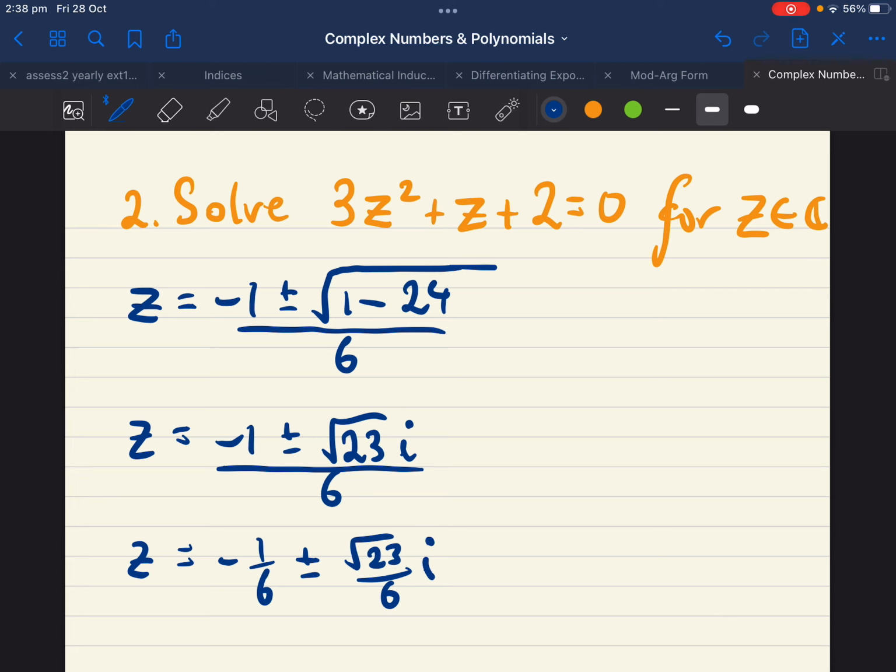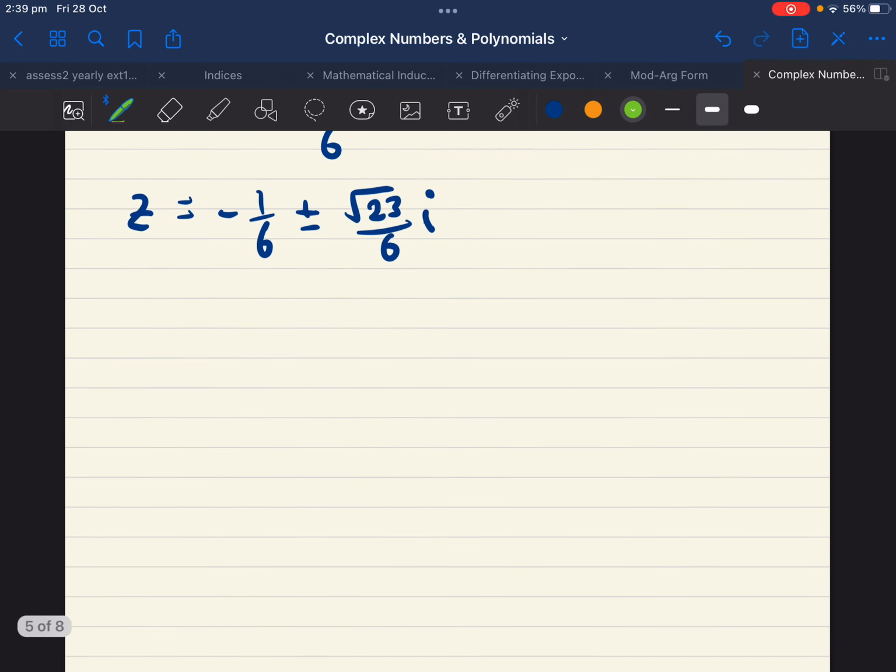Also noting yet again, our solutions ended up being complex conjugates, and this happened because if you look back at our original polynomial, all of the coefficients, those numbers, were real numbers. So again, that applied as well.